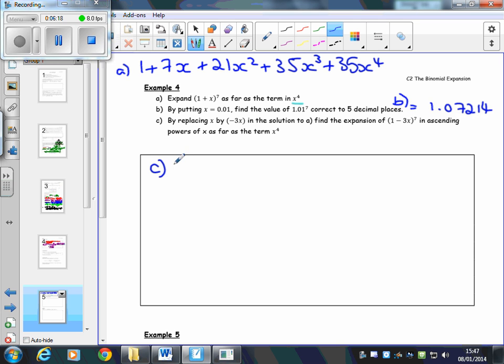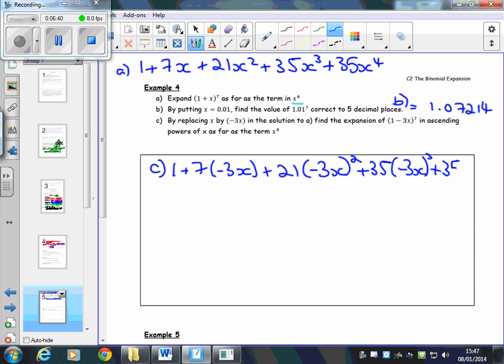So we'll have 1 plus 7 times x, which will now be replaced with minus 3x, plus 21 lots of x squared, which will now be minus 3x all squared, plus 35 lots of minus 3x all cubed, plus 35 lots of minus 3x all to the power of 4.